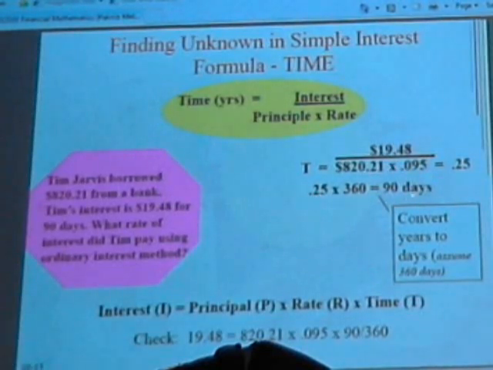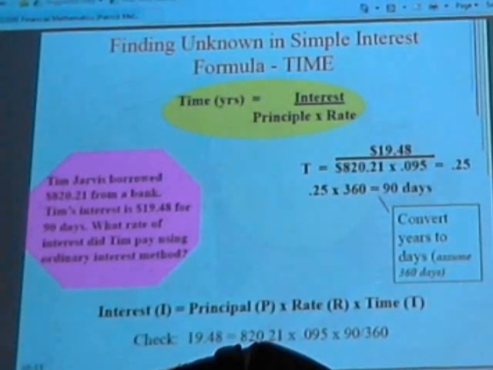Take a look at how it's solved. We come up with 90 days. And you know from the previous two examples, we had 90 over 360. With that, how would you revert that to make that right?